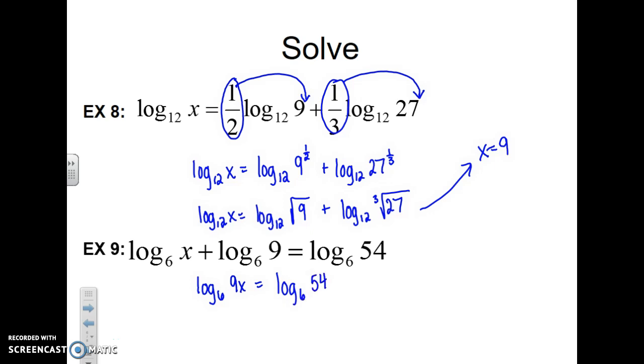So now, since we have everything inside of our logarithm on both sides and the bases match, we can drop those logarithms. So we'll have 9x equals 54. If we divide by 9, we get x equals 6 for our answer to this problem.